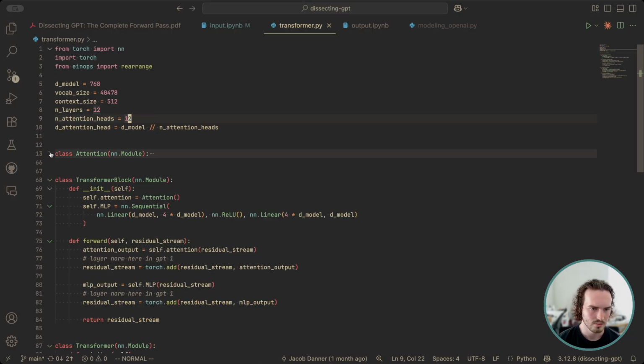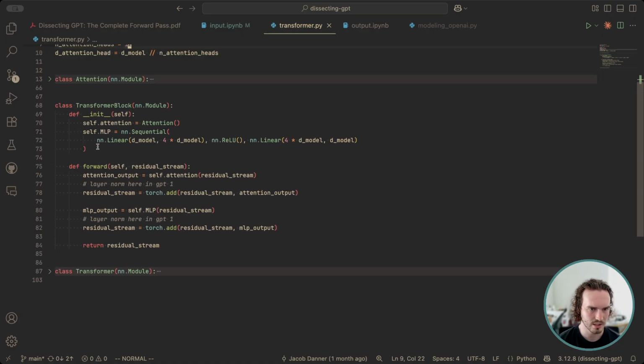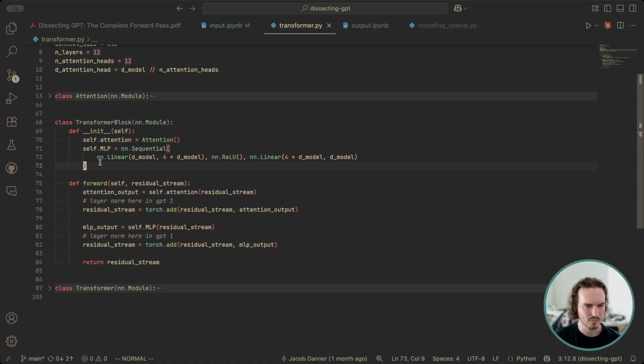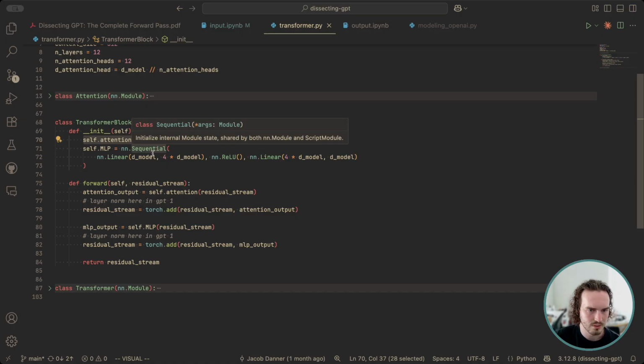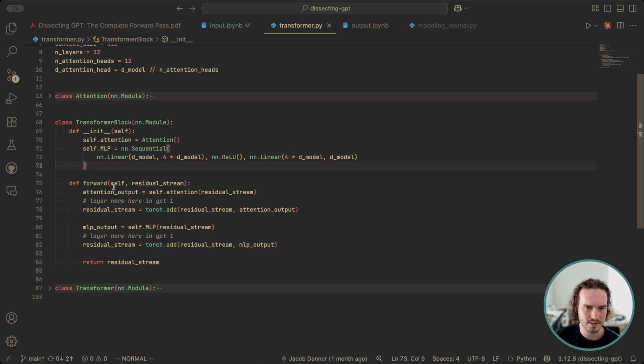So let us start by looking at the transformer block code. We have a self-attention layer, and then we have a multi-layer perceptron layer. And if we look at the forward, this is the code that's going to run when we invoke this module.